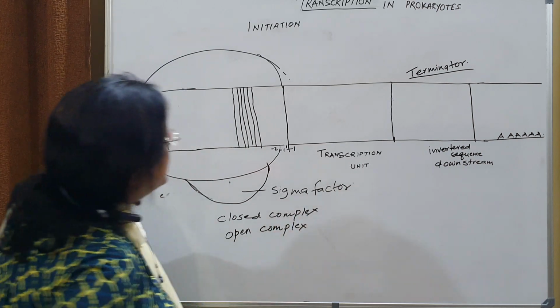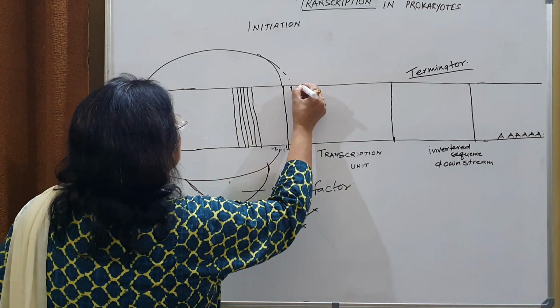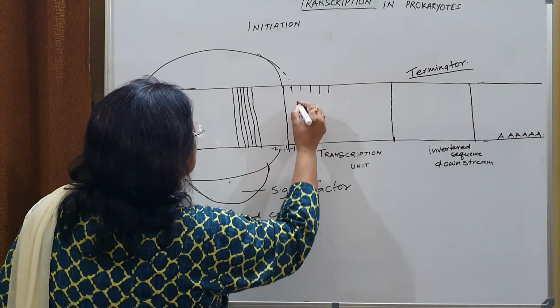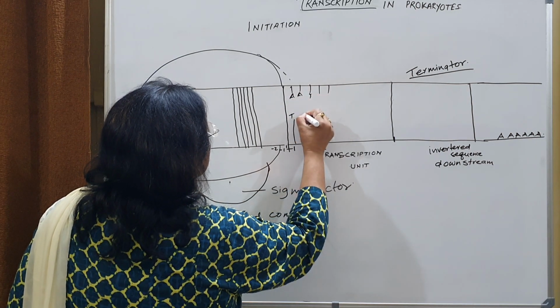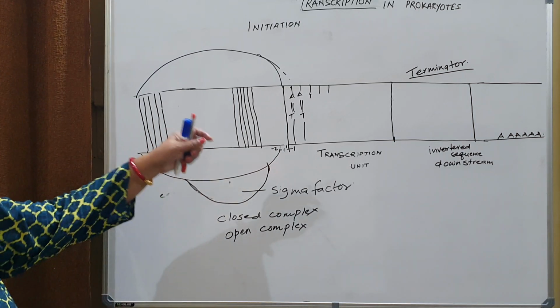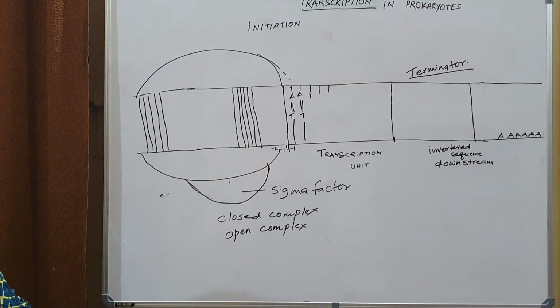When the hydrogen bond between the two nucleotides breaks, it will come into an open complex.